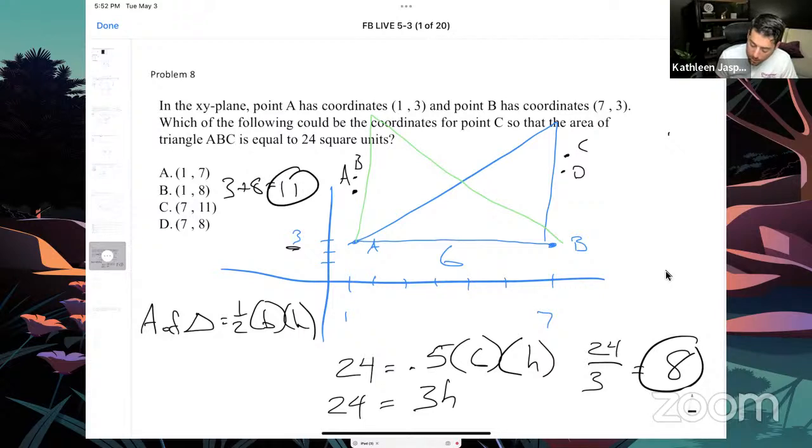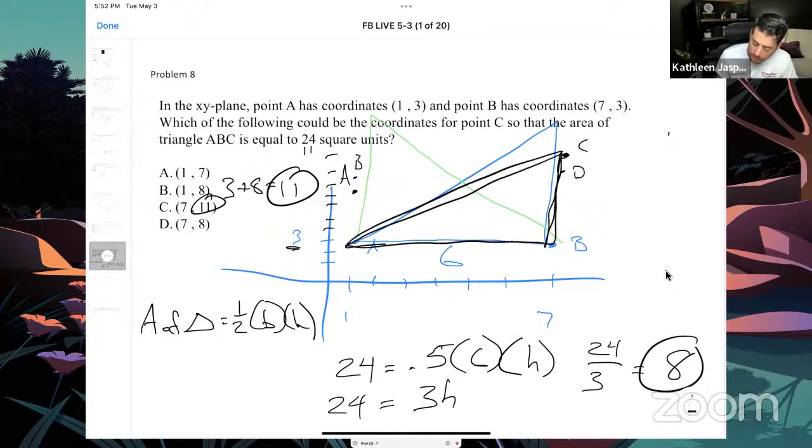All that means is our Y value, right? Here's 3. That means that's 4, 5, 6, 7, 8, 9, 10, 11. So which one is 11? And you can see that it's going to be C, because from here to here, this is going to be 11. So our triangle is going to be this right here.